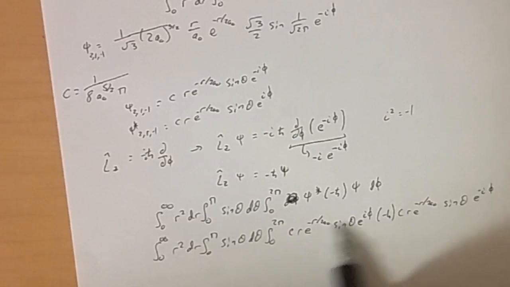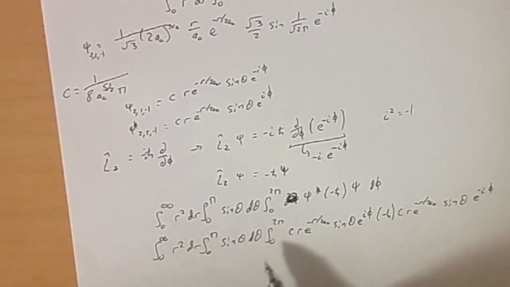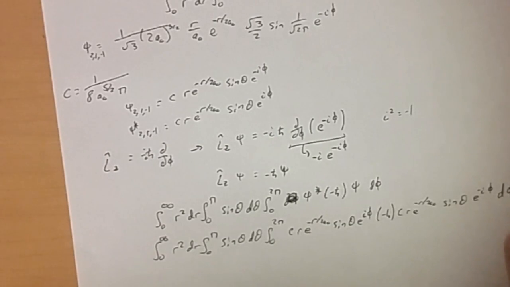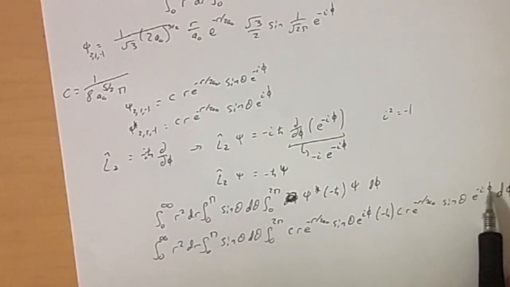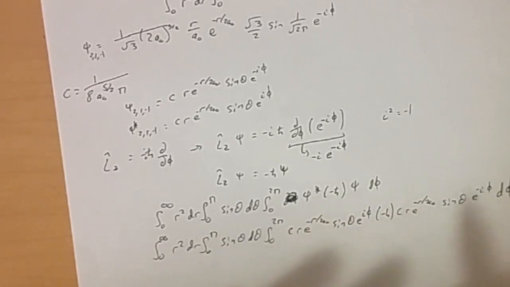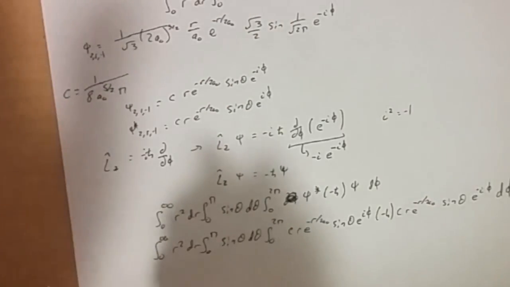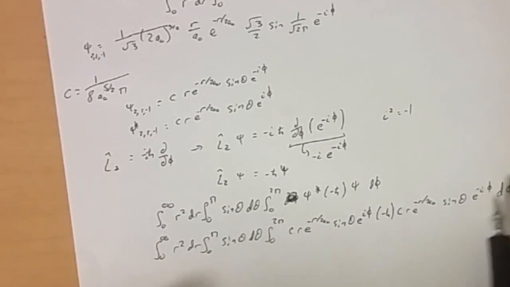But also, we've got these three segments of integration. So this is an integral with respect to phi, so basically anything that's not a phi can just come out as a constant.